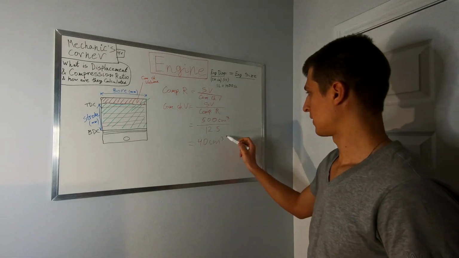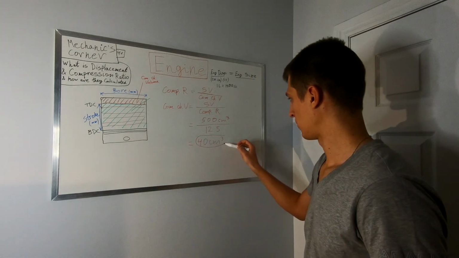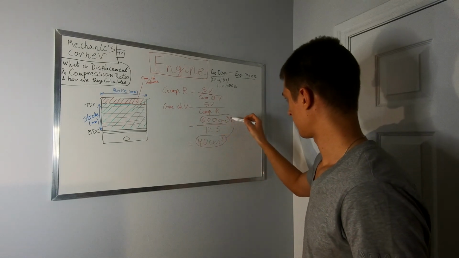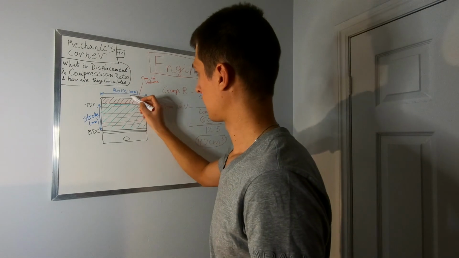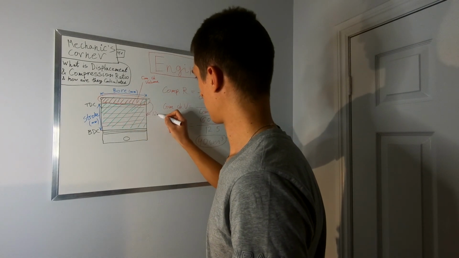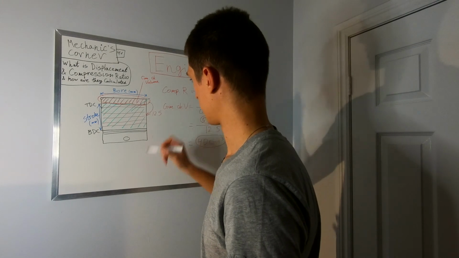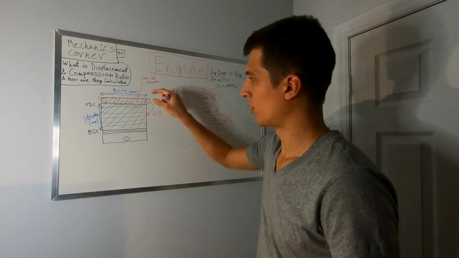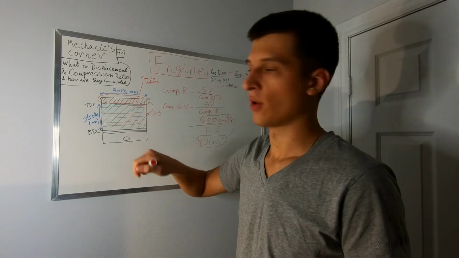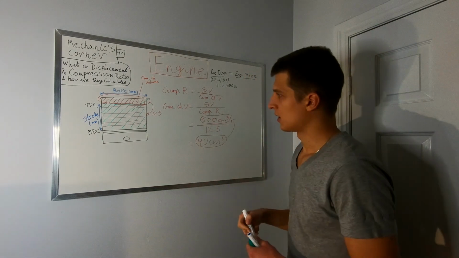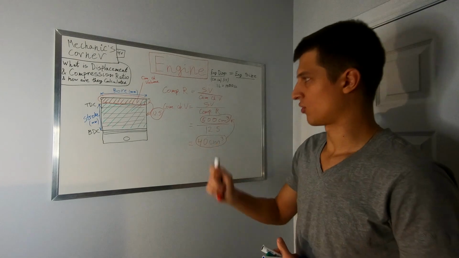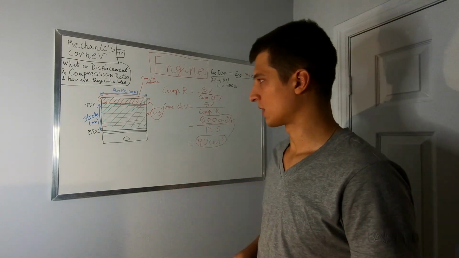And as you can see, this can fit into here 12.5 times. So you'll literally be able to fit this 12 times, and then there will be enough space for just half of this volume. And this is the compression ratio of the engine, or each individual cylinder.